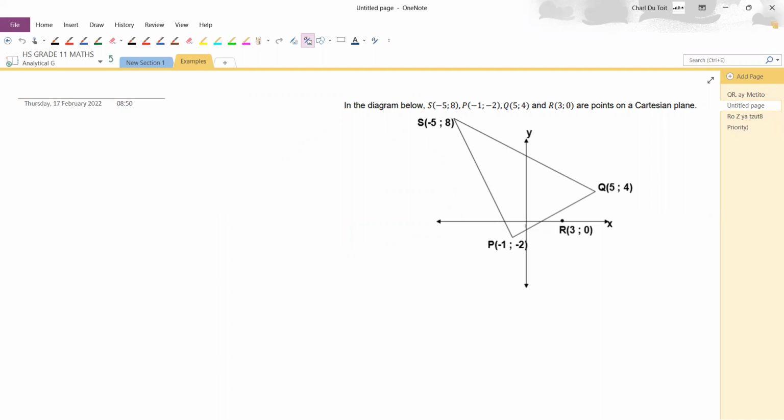Quickly make a drawing, and we'll make up our own questions. I don't know what they've got R there. Doesn't matter really.